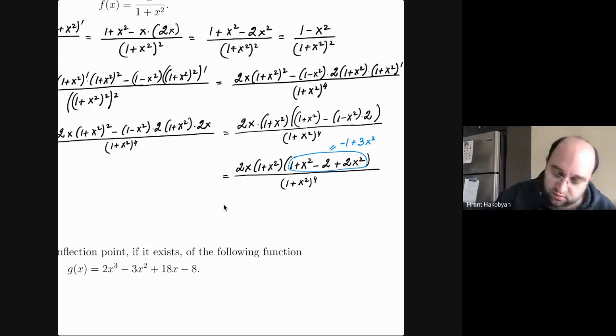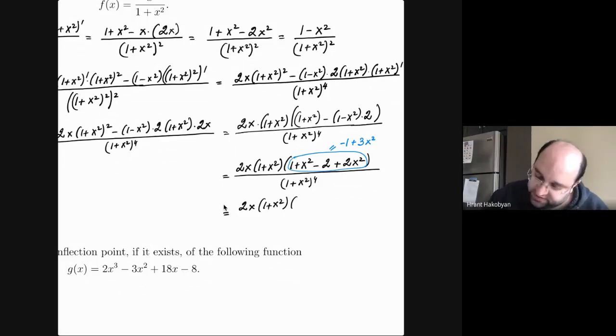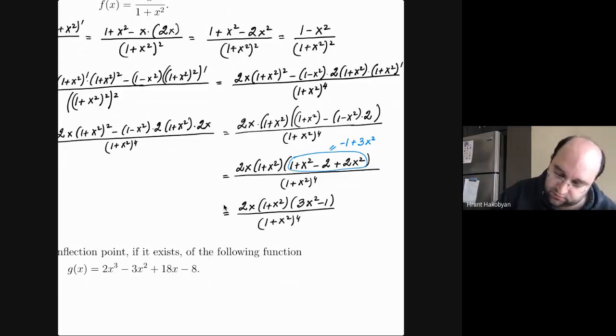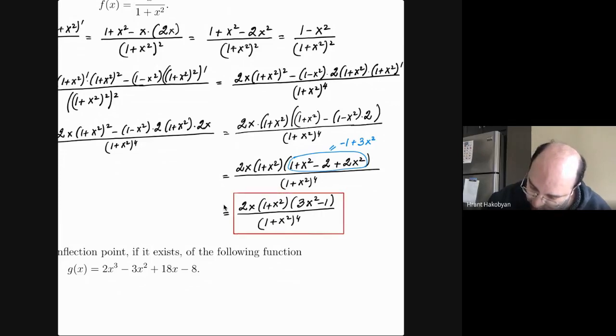So the whole answer is going to be 2x times (1 plus x squared) times, let's write it as, 3x squared minus 1. So that's my second derivative.